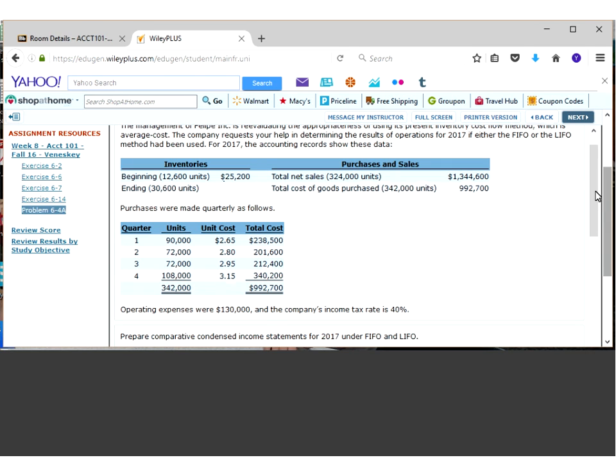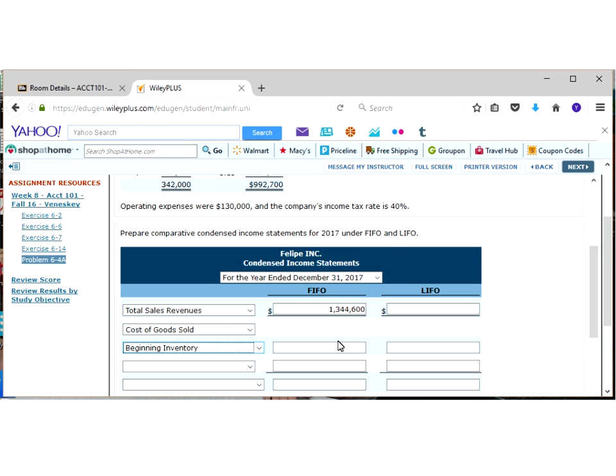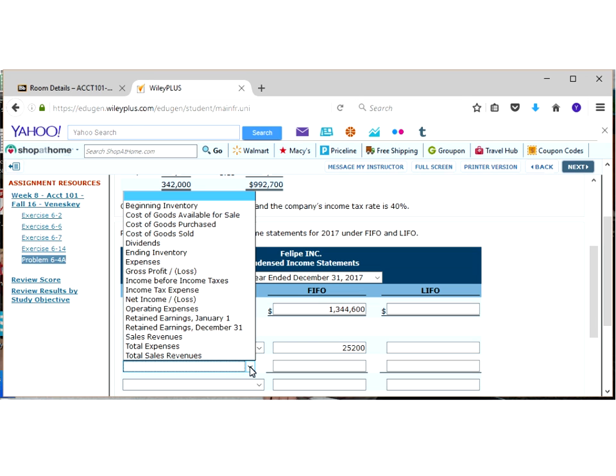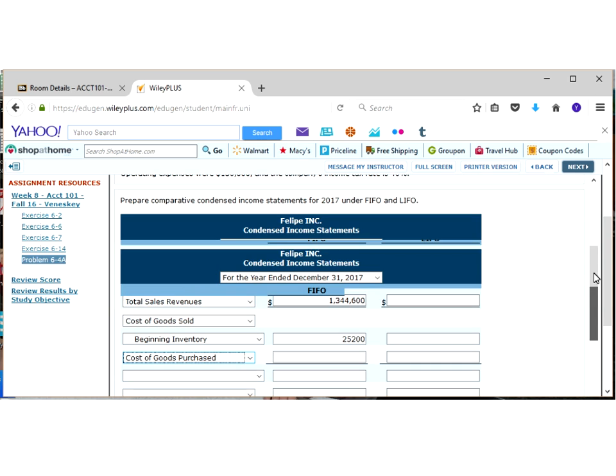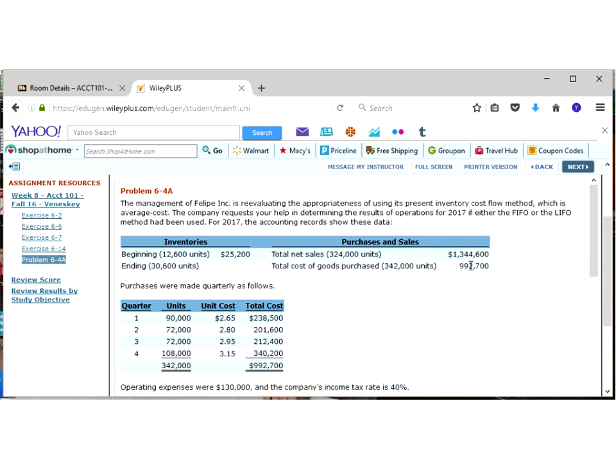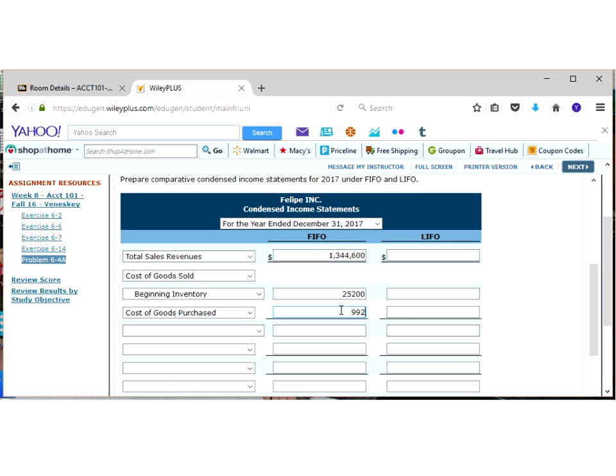So here our beginning inventory told us we had 25,200. And I need to add in all of my purchases for this time period. I just need to find where it shows my purchases. There it is, cost of goods purchased, and my cost of goods purchased here was $992,700.